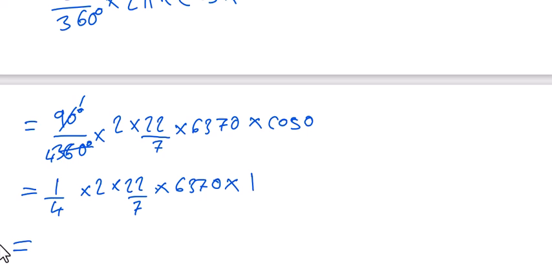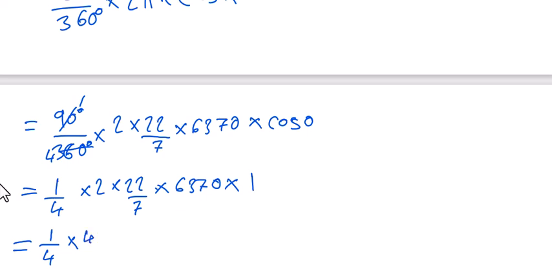1 over 4, multiplied by 2 multiplied by 22.